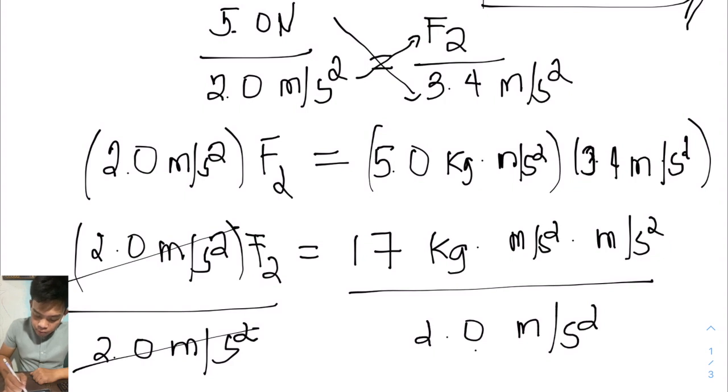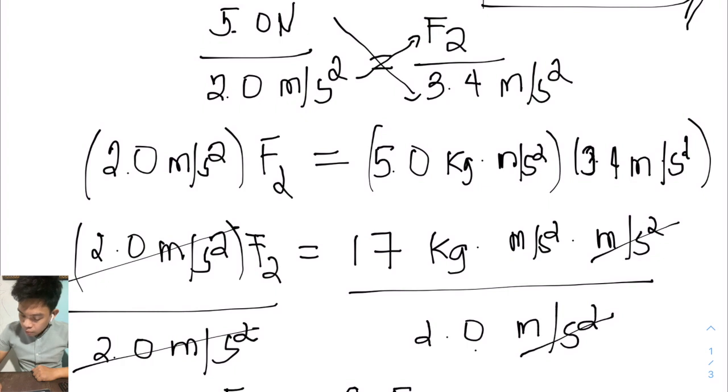So F2 is equal to 17 divided by 2.0, and the answer is 8.5.